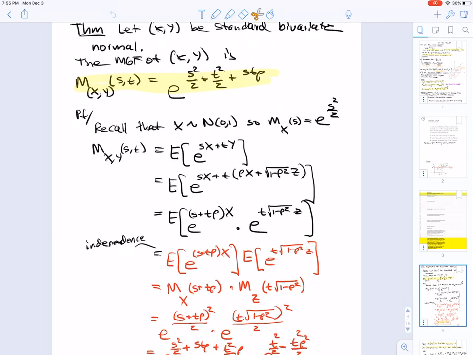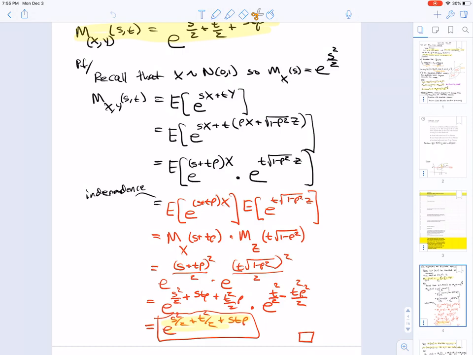To do this, we just use the definition, and then we write the expectation of e to the, there's a coefficient for X and some constant for Z, and using the fact that X and Z are independent, we can write the expectation of a product as the product of the expectations.